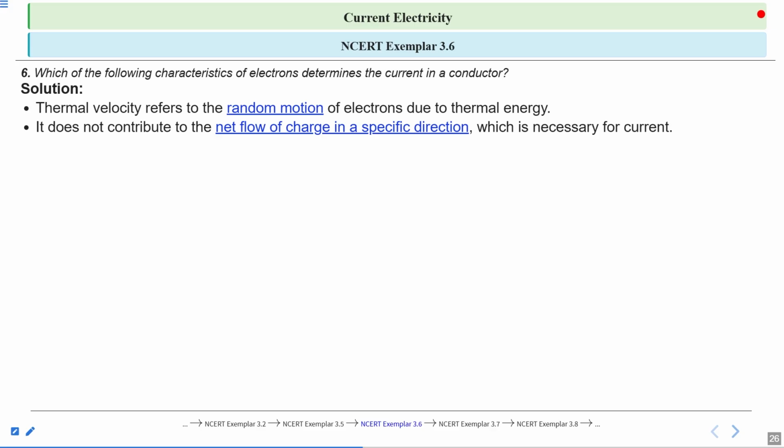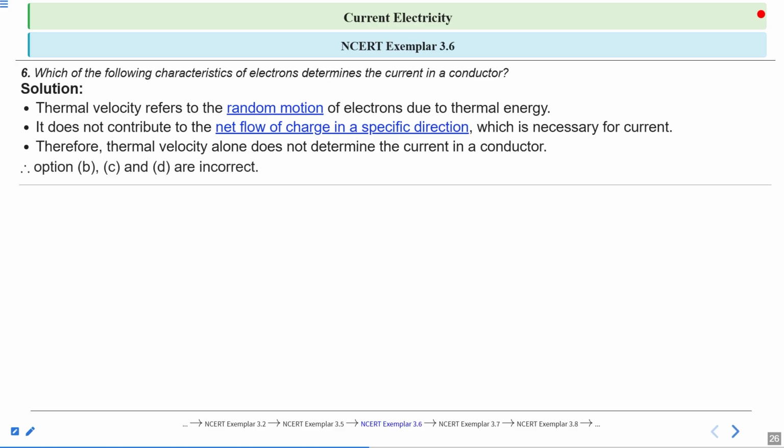Net flow of charges in a specific direction is determined by drift velocity, which is necessary for current. Therefore, thermal velocity alone does not determine the current in the conductor. So options B, C, and D are incorrect.